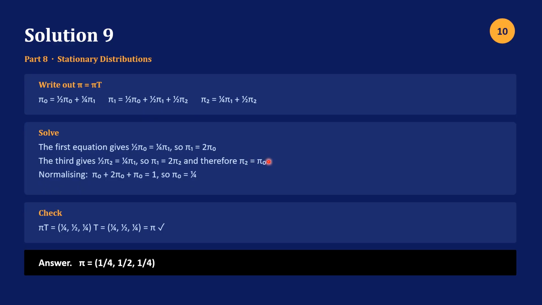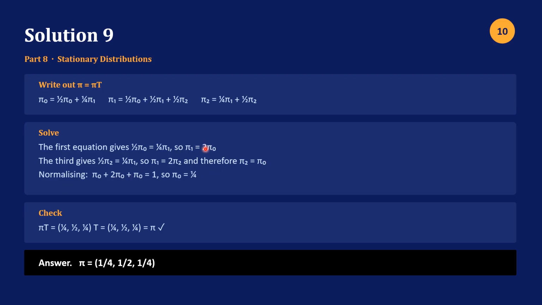Then we plug these results into the equation pi sub 0 plus pi sub 1 plus pi sub 2 equals 1. Pi sub 2 is pi sub 0, it's this third one here.